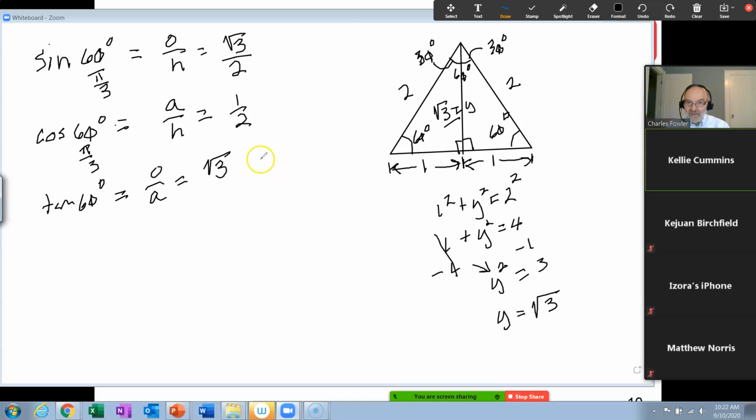And since we're there, let's go on and do the cotangent of 60 degrees. And you could call that pi thirds again. Perfectly fine. And that would be the reciprocal of tangent, which is 1 over root 3. Which you could write as what? If you don't like having a radical in the denominator, root 3 over 3. Multiply numerator and denominator by root 3. That gives you root 3 over 3.